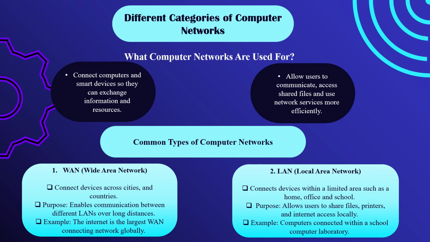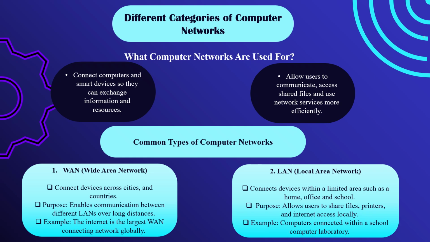A WAN connects devices across cities and even entire countries, and its purpose is to enable communication between different LANs over long distances. In fact, the internet itself is the largest WAN, connecting networks globally.